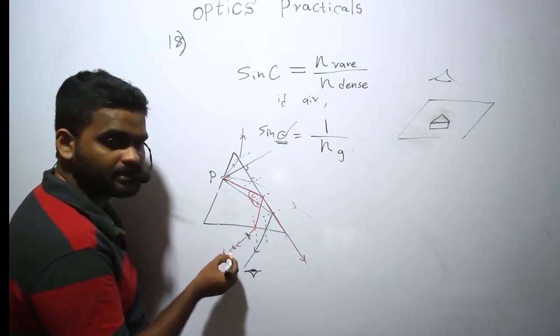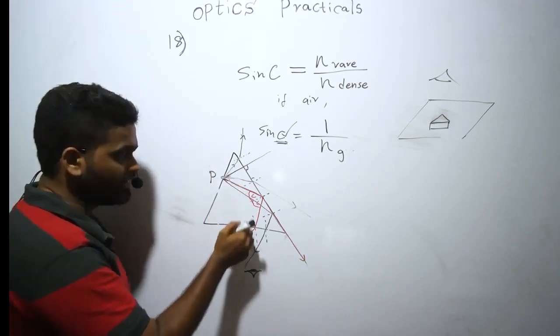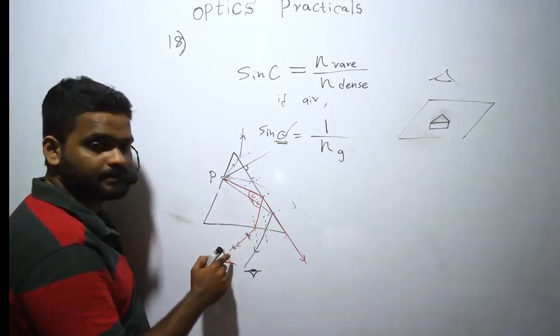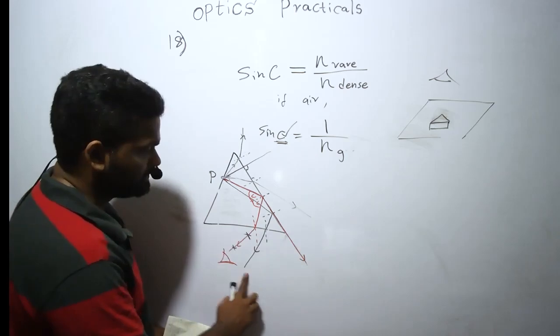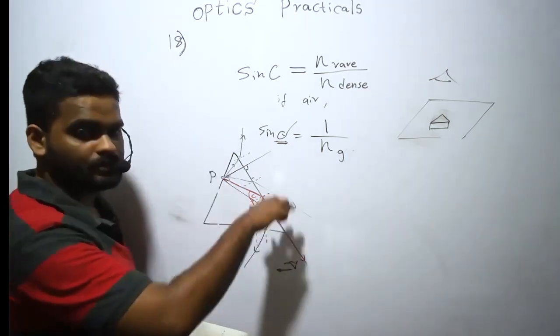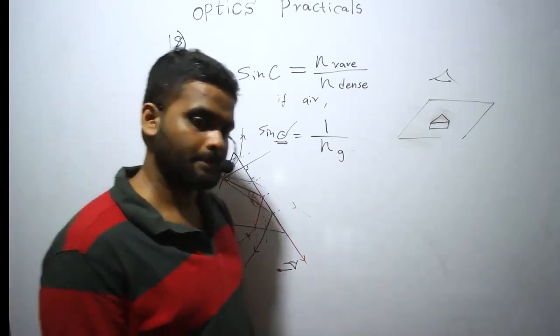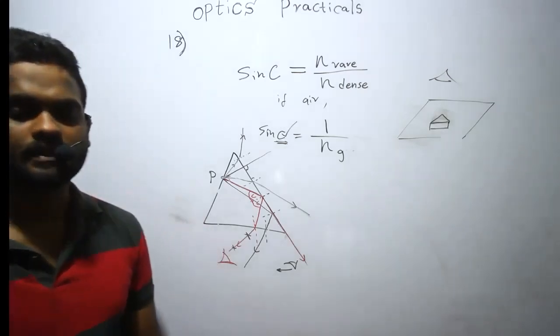Looking at that instant when the image of P disappears, you place these pins, right? So that is what you do in the experiment basically. Just draw this and use a different color to draw this, right?